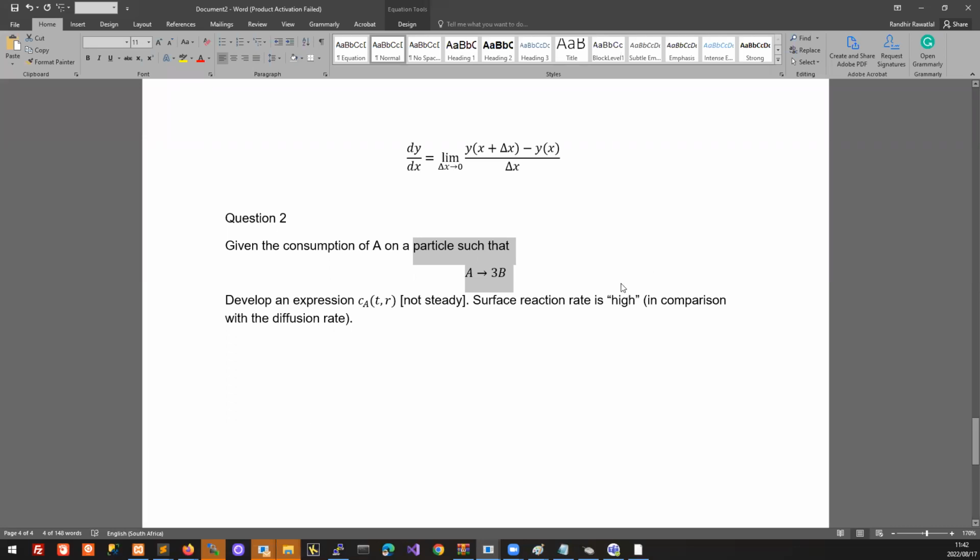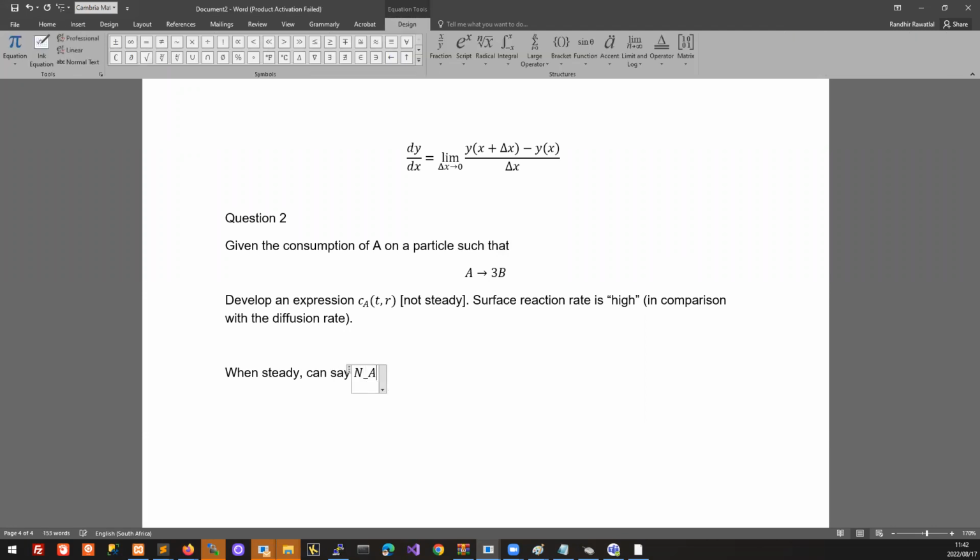So we could say NA, so maybe let's just list it. When steady, we can say NA at some R position times R squared equals NA at R naught times R naught squared.